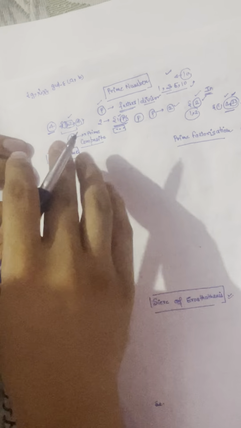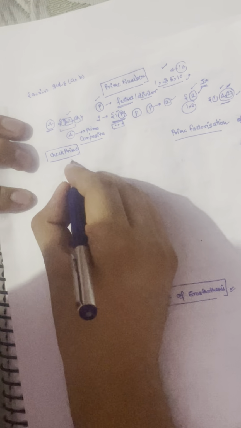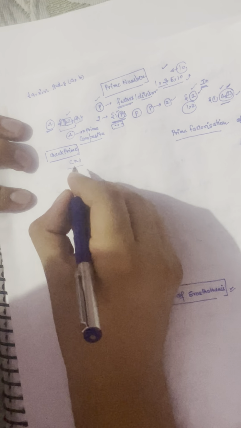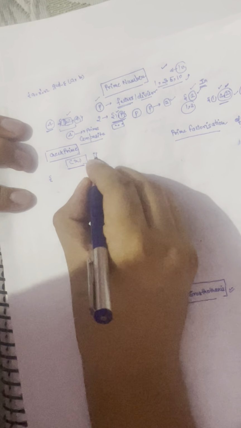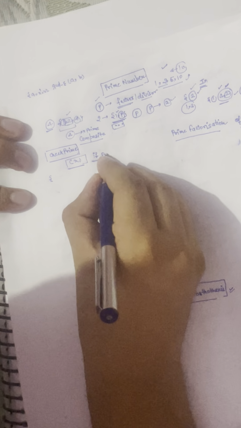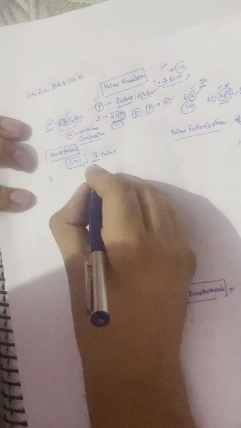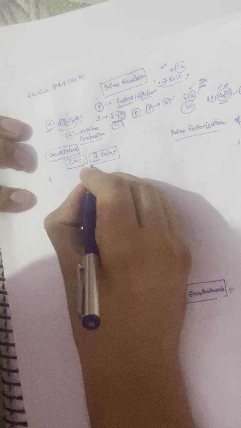So we would be writing this check prime function. Let's say we are given a number n, and we need to check whether this number is prime or not. First we discuss the brute force approach.